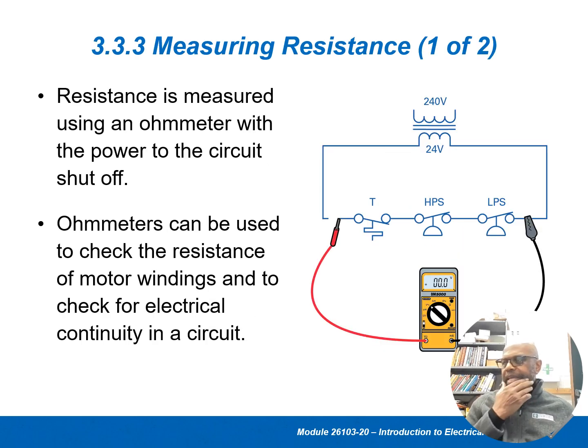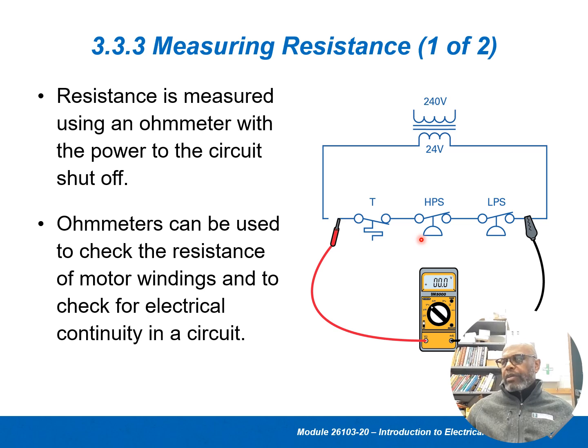Now, when we're checking resistance, like I say, you must disconnect the power. Here, what you see, they put a little break right there. So they actually took the wire off or whatever, so you can read the resistance, because you cannot have a power supply when reading resistance. The battery inside of this meter is actually putting voltage through the contacts to be able to get a signal.